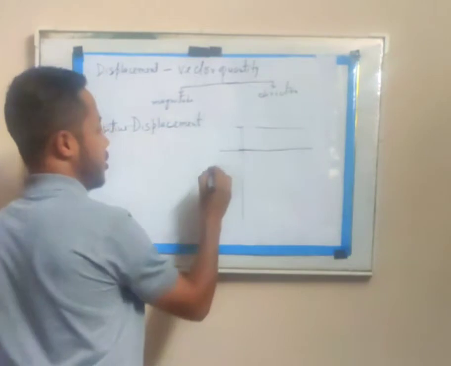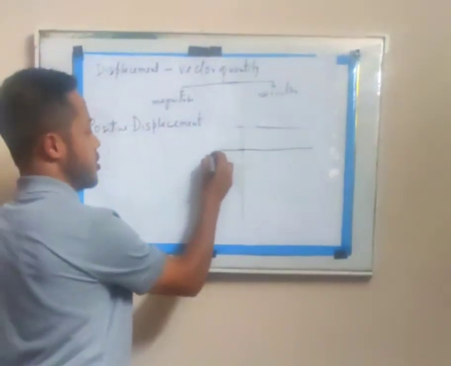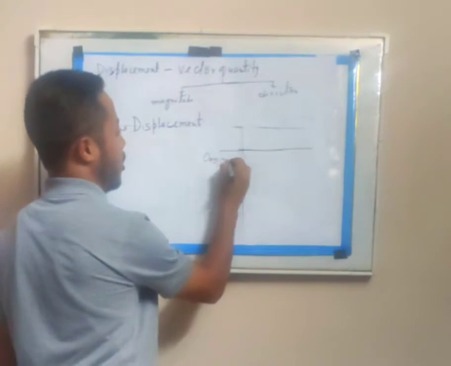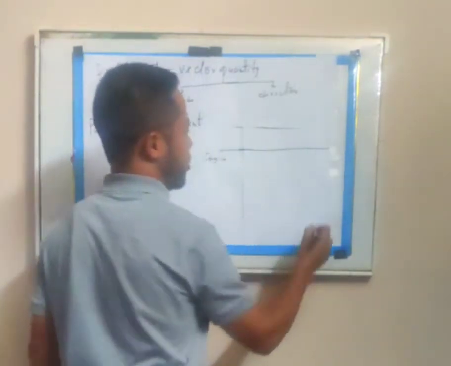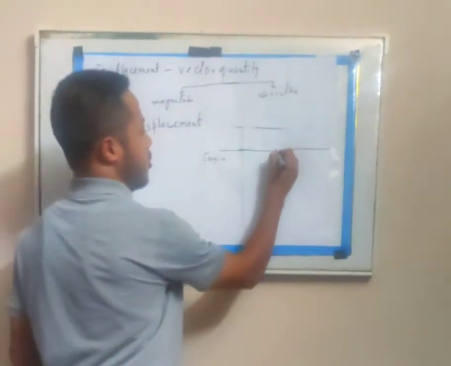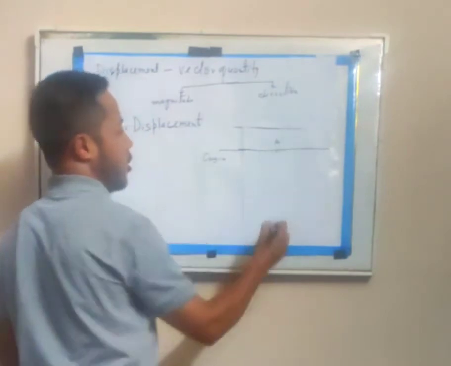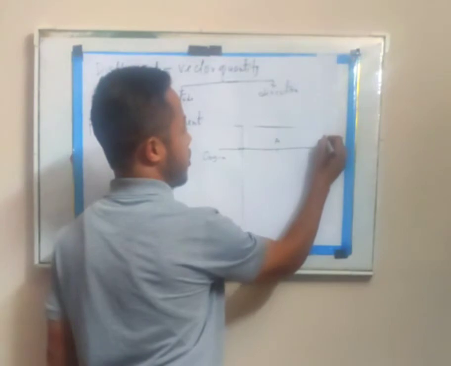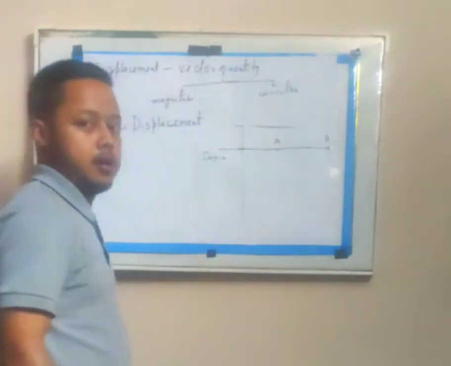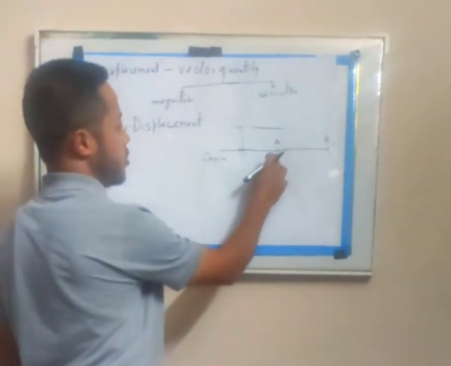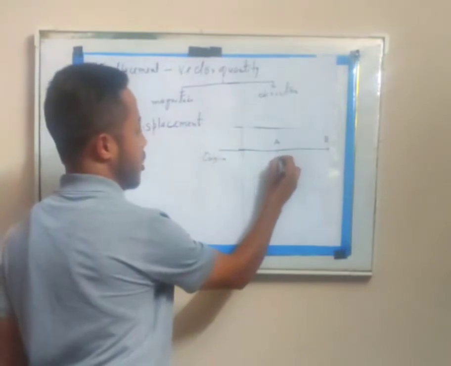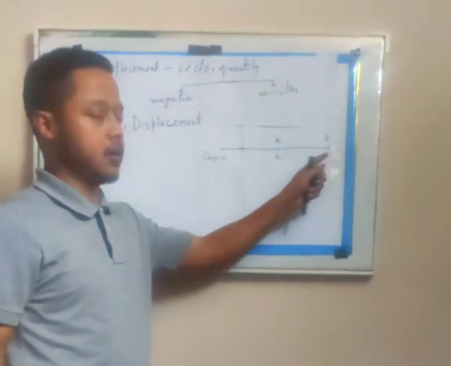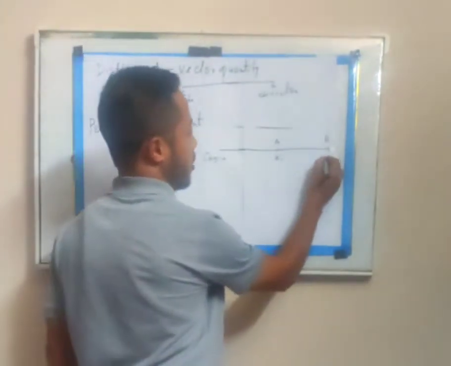Let's say this is a number line with the origin, and let me take two points, point A and point B. Let's say the position of A is x1 and the position of B is x2.